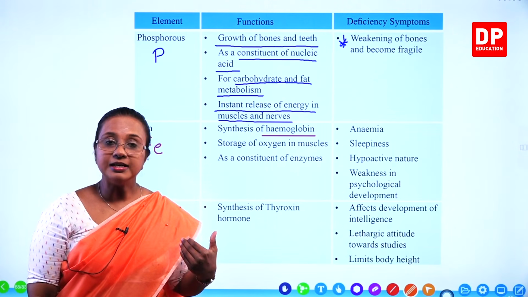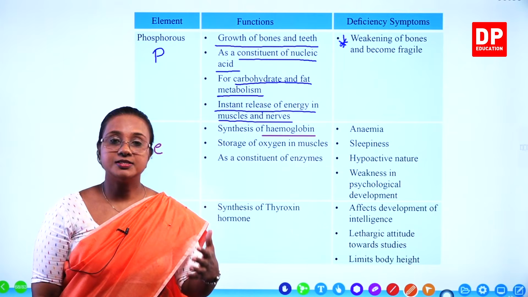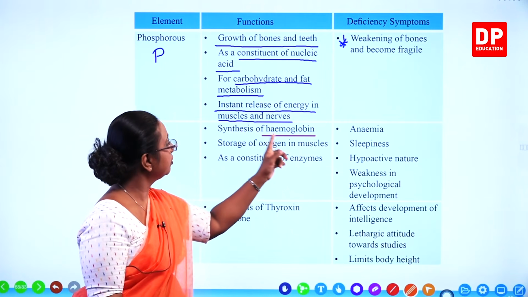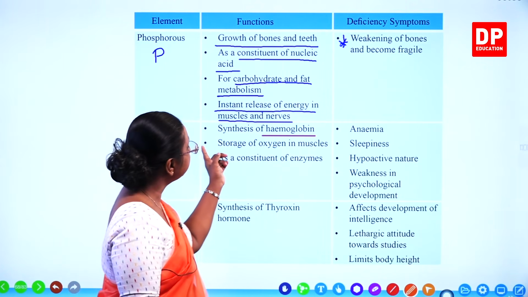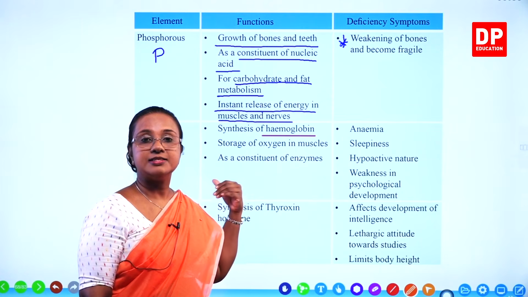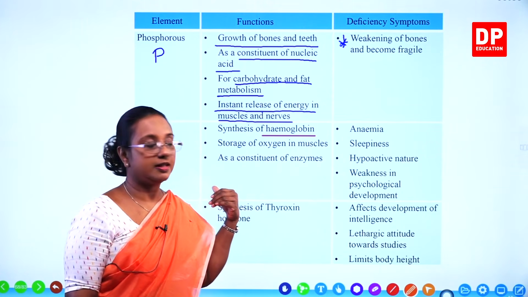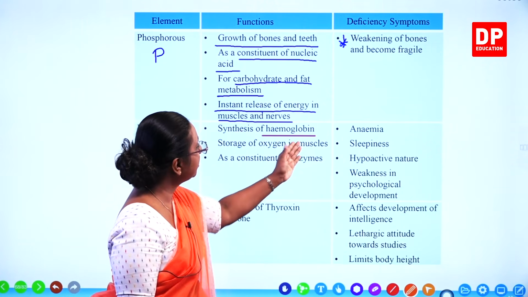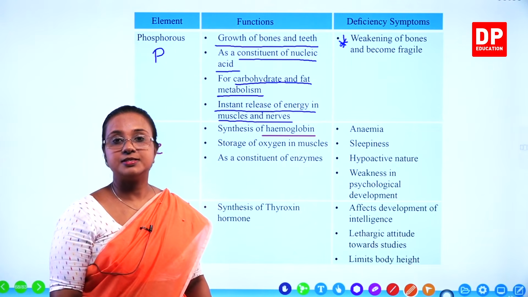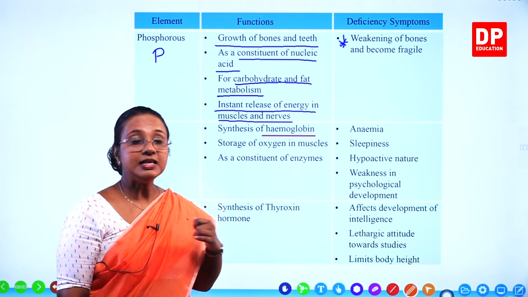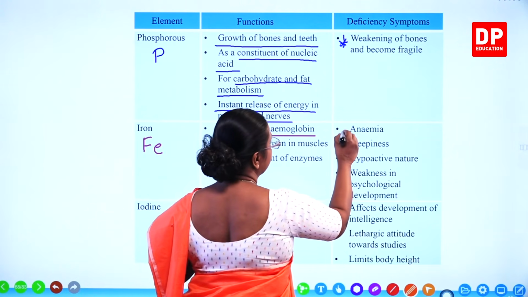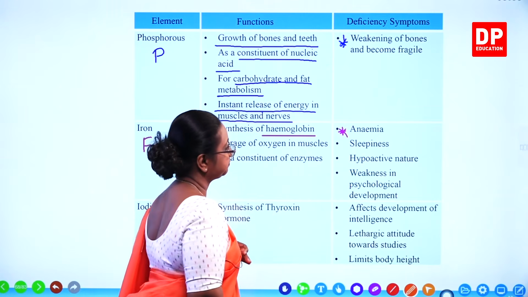If iron is not enough in the human body, there will not be enough hemoglobin present in blood. This condition is known as anemia.